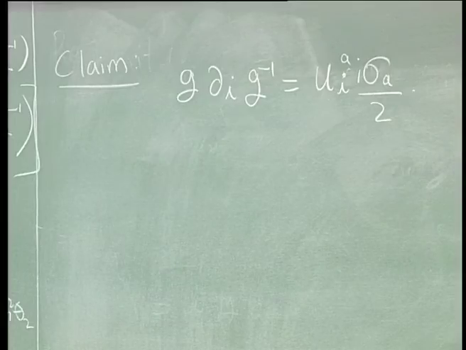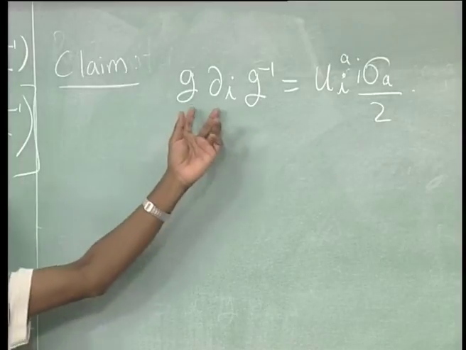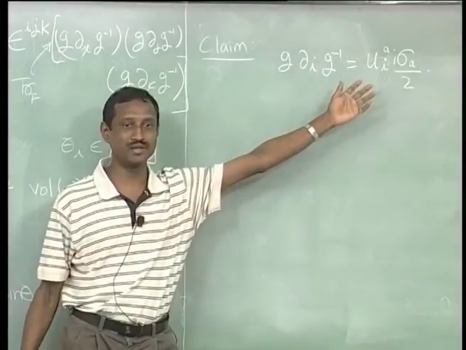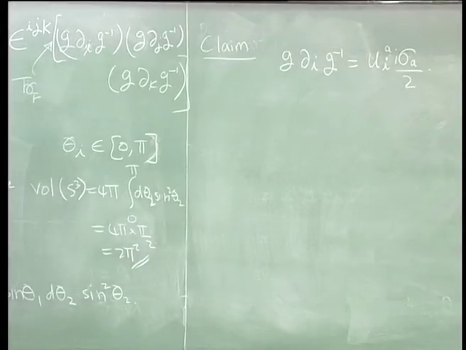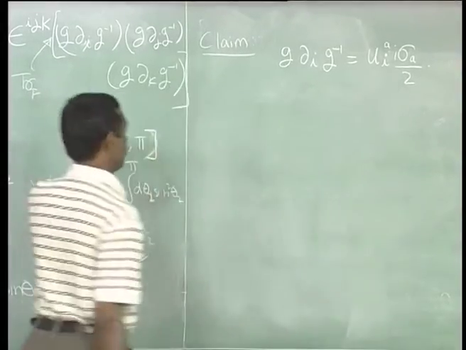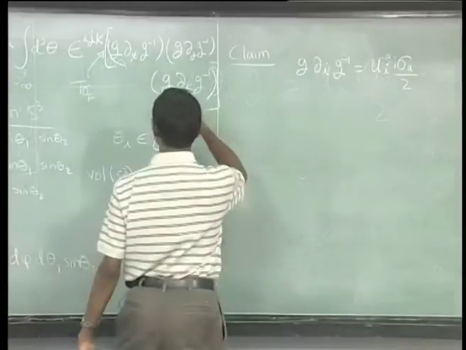Okay, and now let us plug this in. This is not a deep statement, this is just saying that this is some Lie algebra valued element. And we need to fix what these u_i^a are, but for now we can plug this in and ask what this looks like.